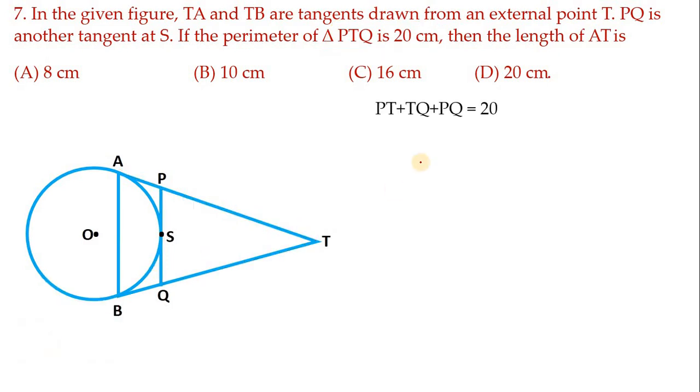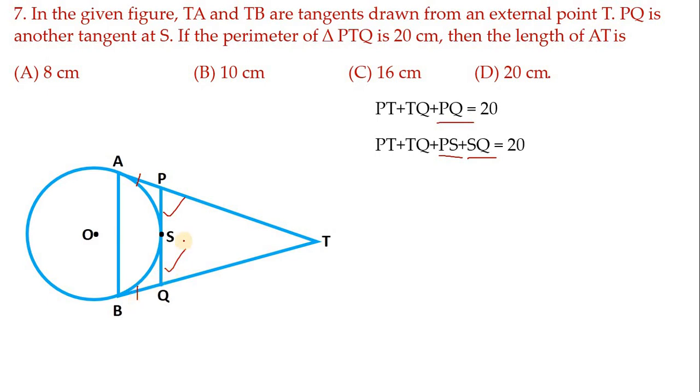So now perimeter is given. So hence all three sides sum is 20. See, I have written PT, TQ and PQ equals to 20. Later on, this PQ, I can write it as PS plus SQ, just like this. Now, this PS I can replace by AP and SQ I can replace by BQ.